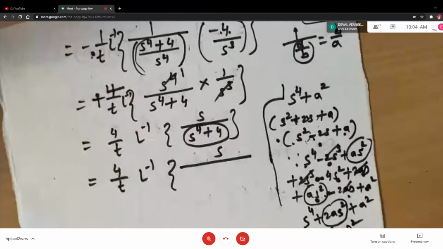Ma'am, can we equate s raised to 4 plus 4 equal to 0 and then find the values? Means find the factors. We want factors here. But to find the factors, it will not be wrong if we equate it to 0 and get the factors, because for quadratic equations we do the same thing, right?